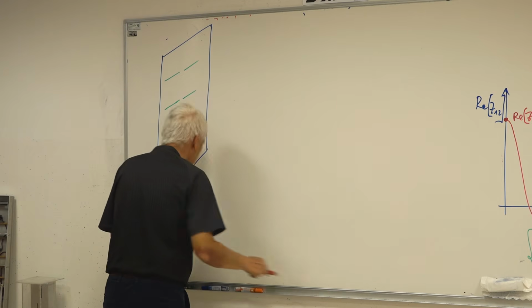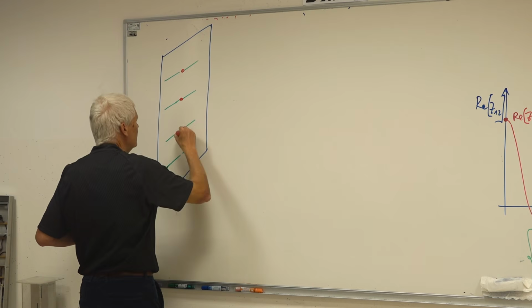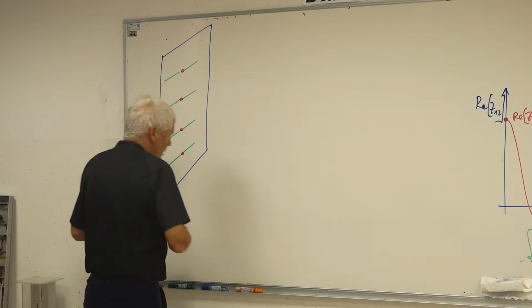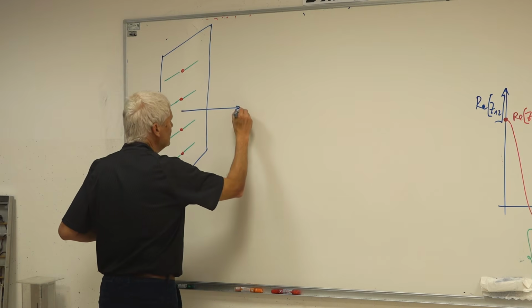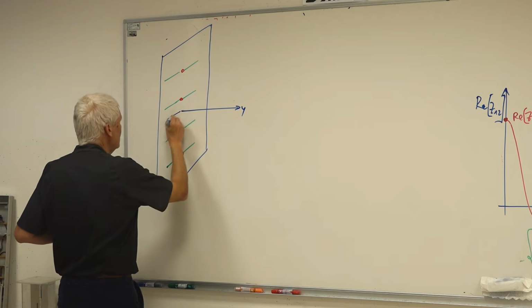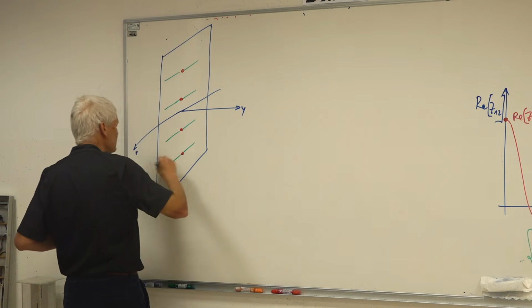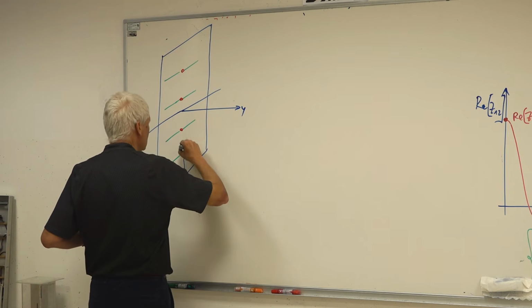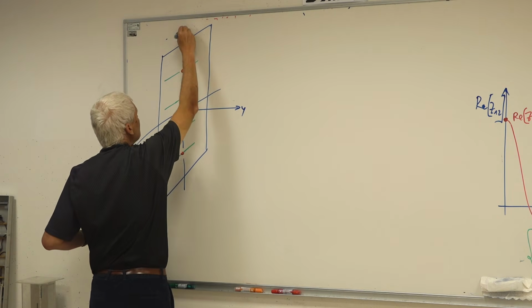They are all fed in the center. A coordinate system, y-axis is perpendicular to the screen, x-axis lies within the metal screen, and the z-axis also lies in the screen.